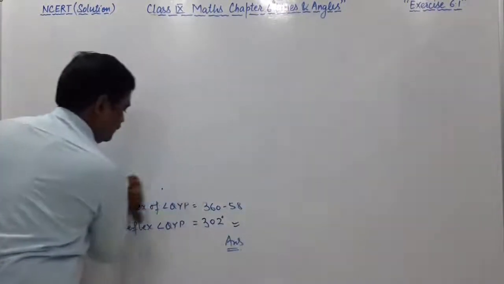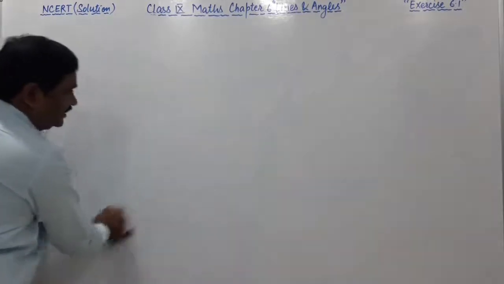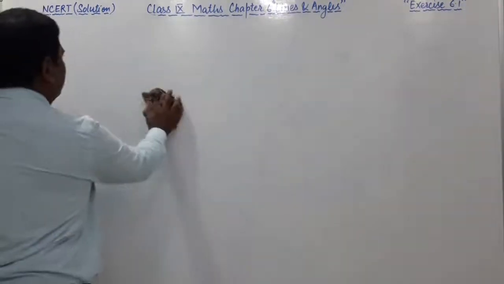Okay, now our next topic is parallel lines and transversal. What do we have to read? Parallel lines and transversal we need to study right now. Okay, so students, let's start.